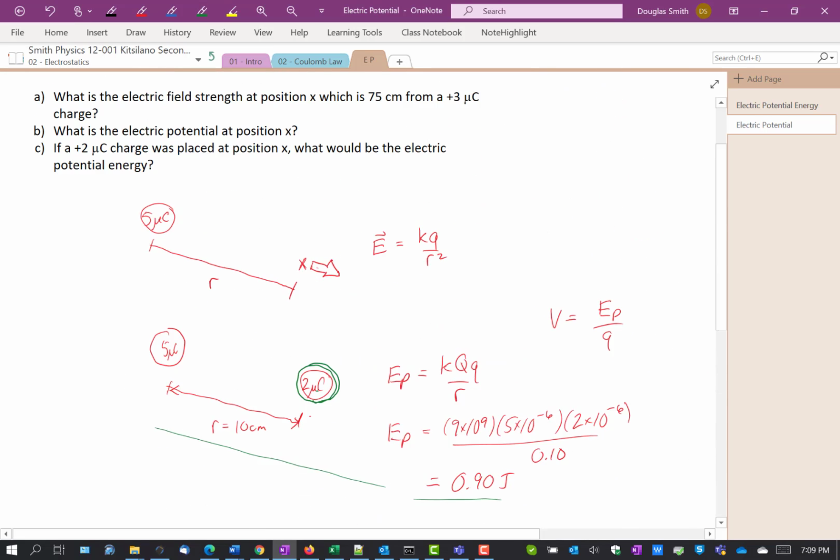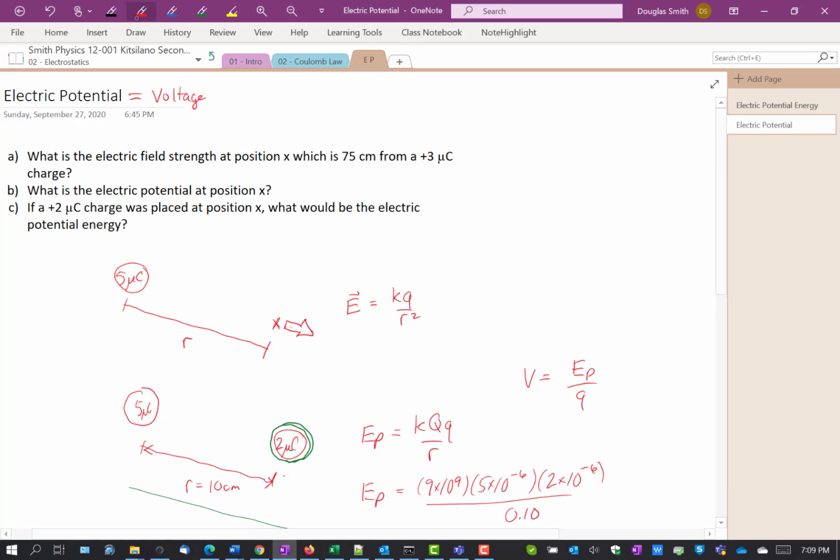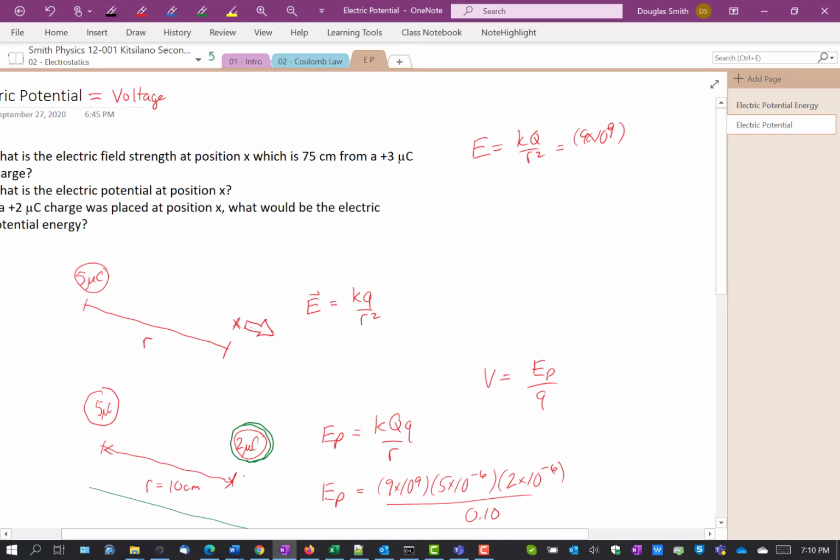Okay, I'm just going to do a couple of questions here, then we'll wrap this up. What is the electric field strength at position X, which is 75 centimeters from a positive 3 microcoulomb charge? Well, E is kQ over r squared. That's 9 times 10 to the 9, 3 times 10 to the negative 6, divided by 0.75 squared. I have to change that to meters.